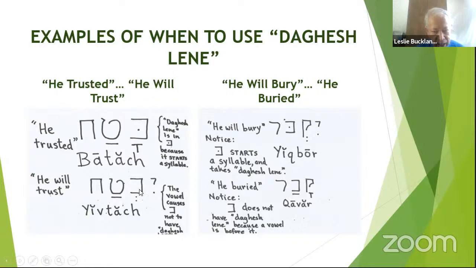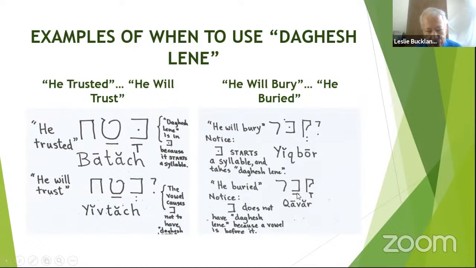Let us look at this word, kavar, which means he buried. Notice that there is a long vowel, kames, which is an ah sound, kavar. There is a vowel immediately before vase. Now vase starts a second syllable.